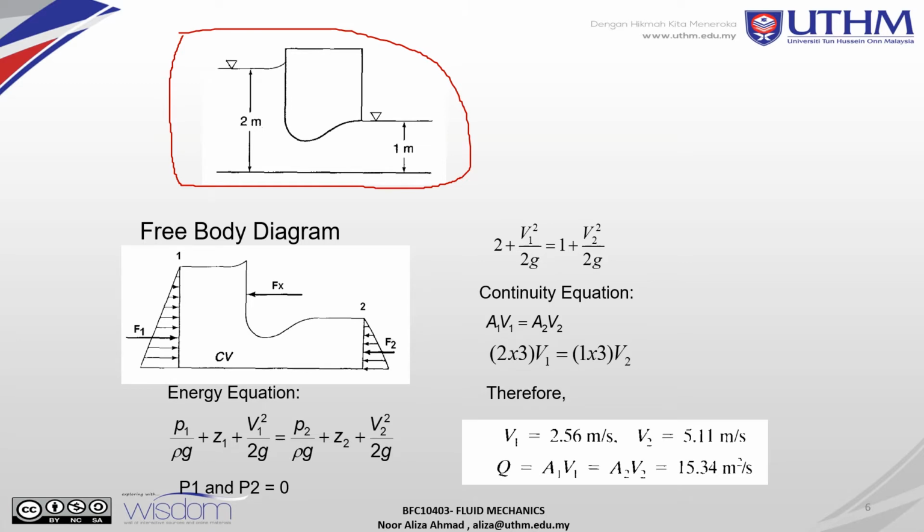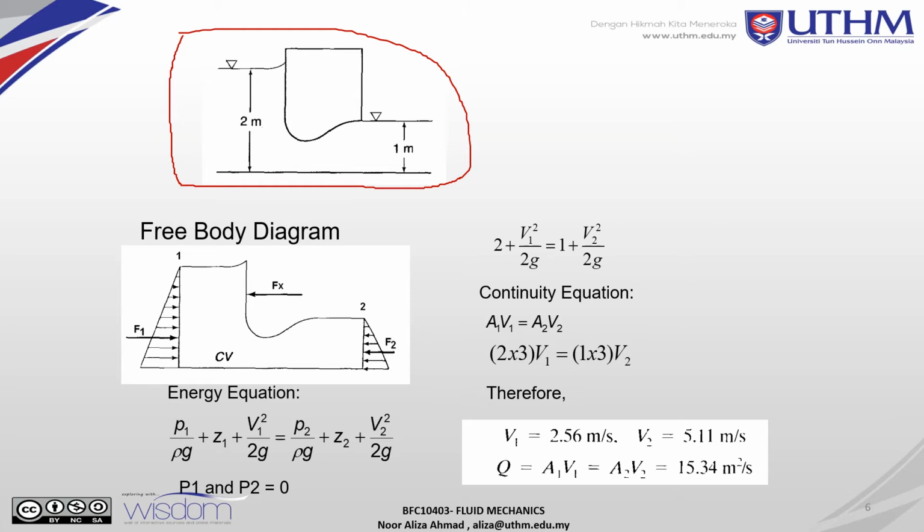At the free body diagram, there is an F1 before the structure, and F2 after the structure. Fx is the horizontal force acting on the structure here.